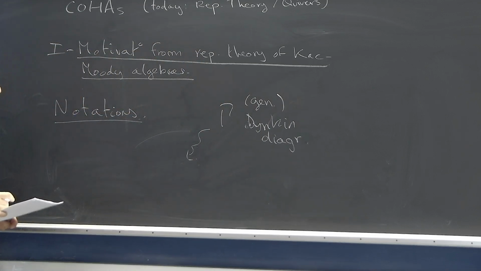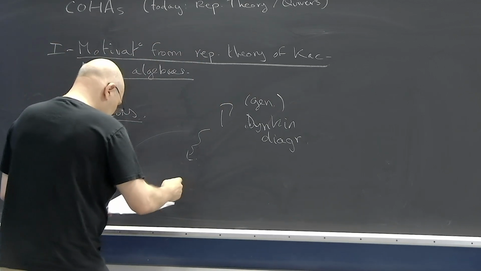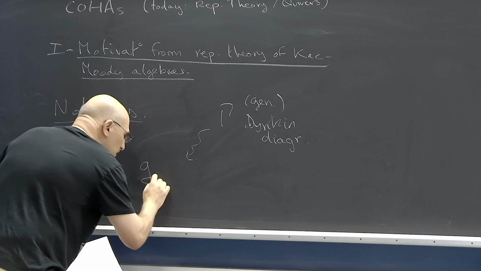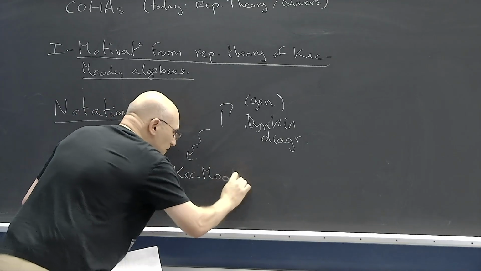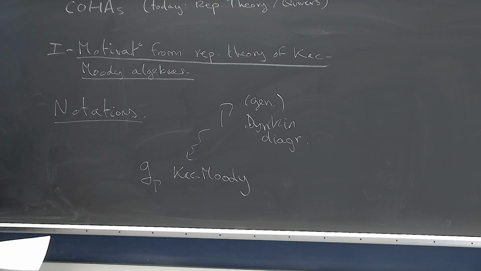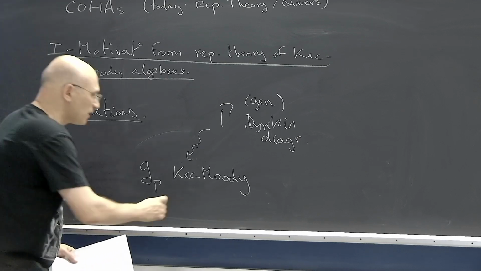And out of a generalized Dynkin diagram, we can produce a Kac-Moody algebra, G, let's say G gamma. I will not recall the definition, but I will say a little bit about the structure. Kac-Moody Lie algebra.